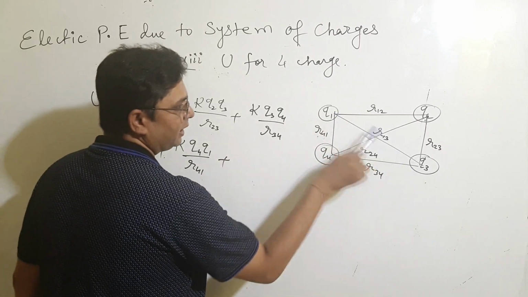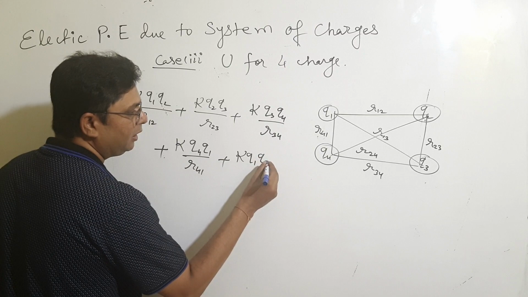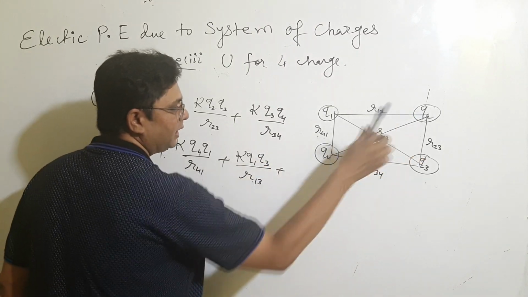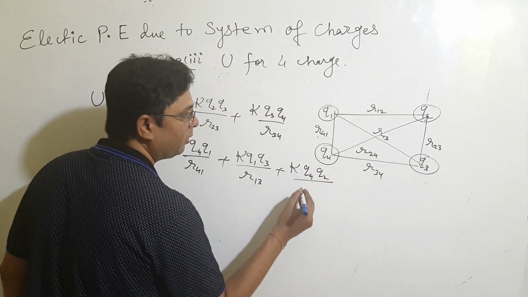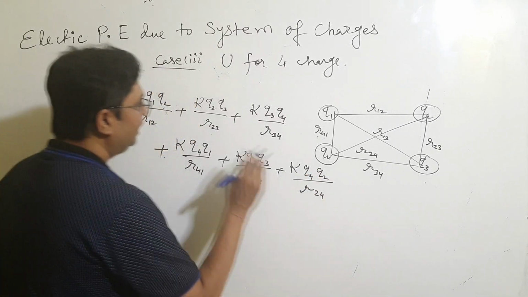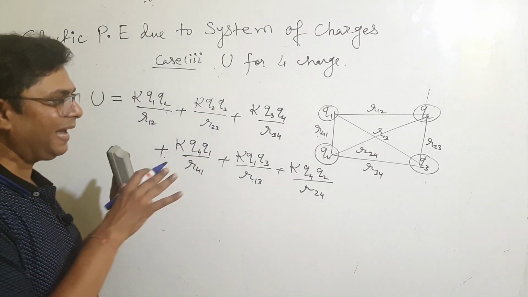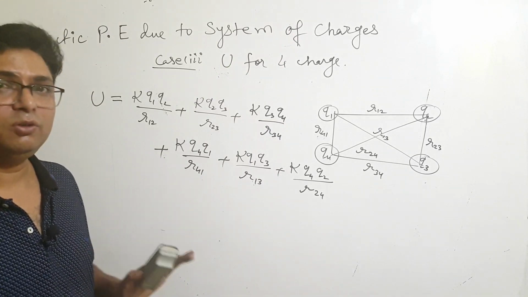Now take the diagonal side. So you have K Q1 Q3 divided by R13 plus this diagonal side, this is K Q4 Q2 divided by R24. This is the equation for potential energy which we are writing directly by generalizing. So this is the potential energy in the case of 4 charges.